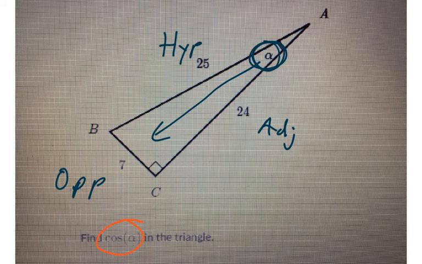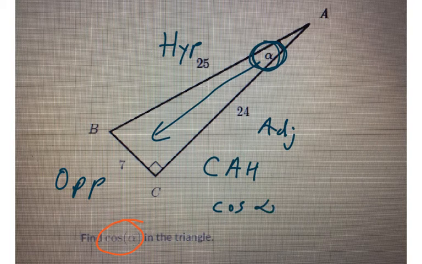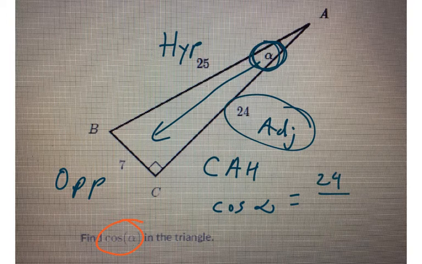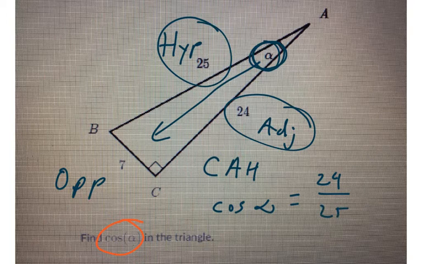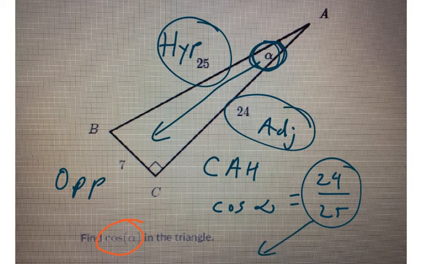All right, so if they want cosine, remember cosine is caught another hippie. So cosine of alpha is going to be the adjacent over the hypotenuse. And that's what you're going to pick down there.